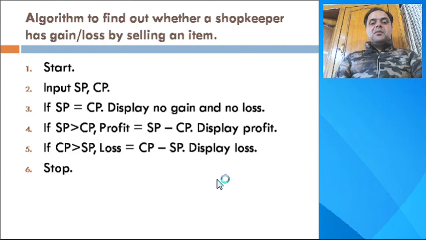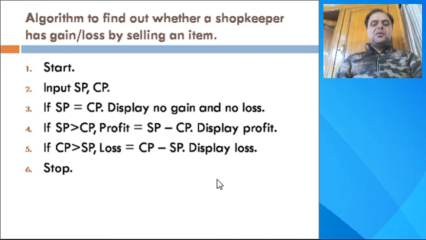We take another example. We will write an algorithm to find whether a shopkeeper has a gain or loss by selling an item. First, we input the selling price and cost price. If selling price equals cost price, it means no gain and no loss, so we display no gain and no loss. The next condition is if selling price is greater than cost price: we sold the item at a higher price than we purchased it, so we got a profit. Profit is selling price minus cost price, and we display this profit.